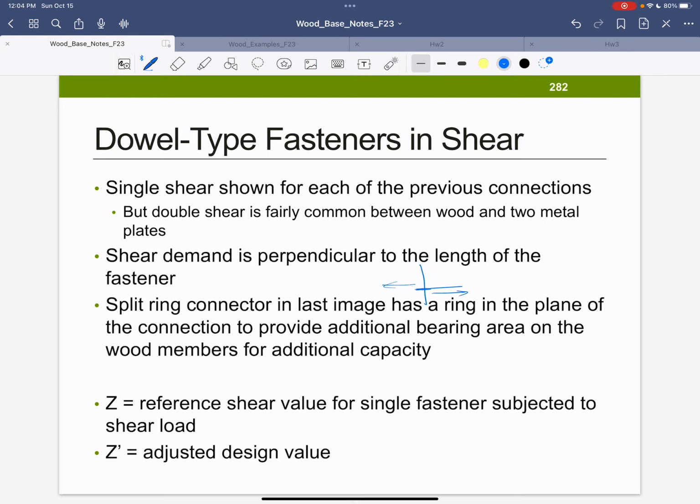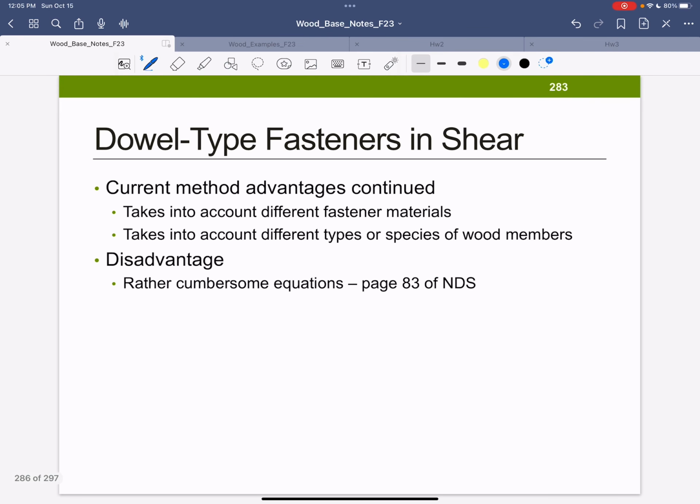So perpendicular to the length of the fastener is where we have that shear demand. Z is a term used in the code as a reference shear value for a fastener with a shear load. And then, of course, because that's the wood code, we have an adjusted value.